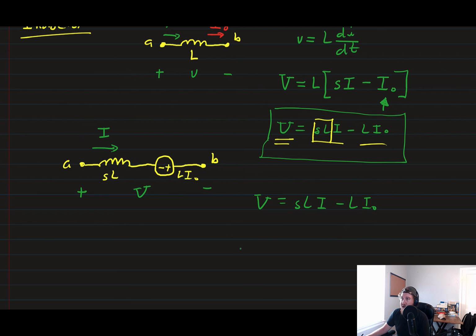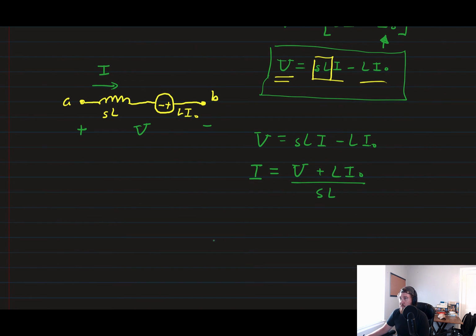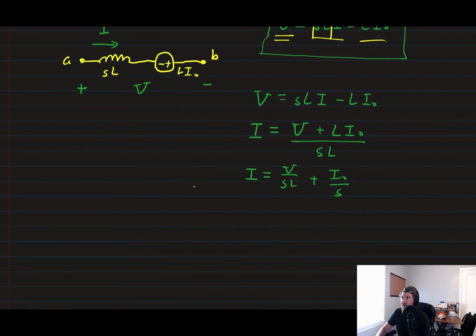If we're going to solve that for I, we're going to get that I is equal to V plus L I naught over SL. And if we distribute out that over SL, we'll get that I is equal to V over SL plus I naught over S.